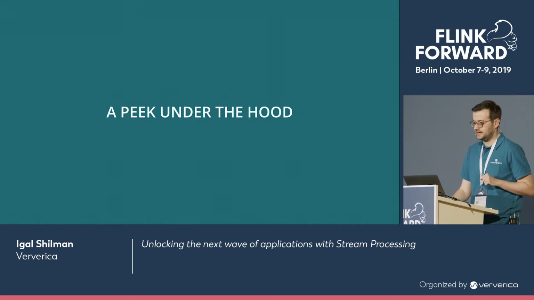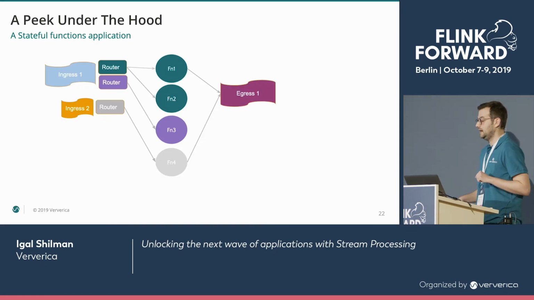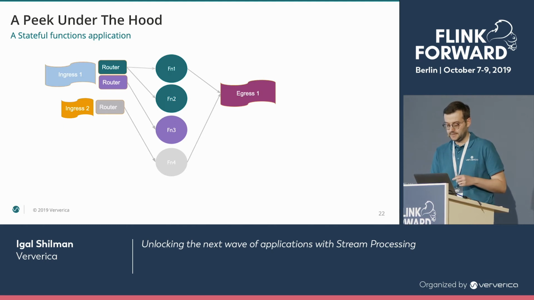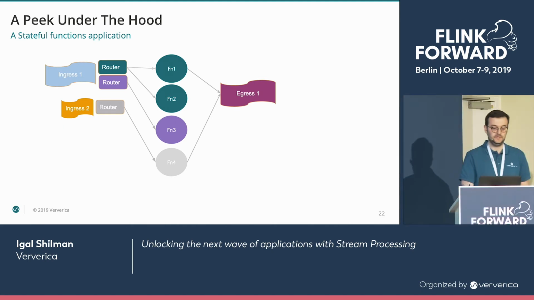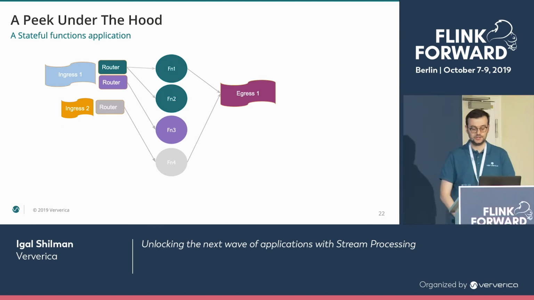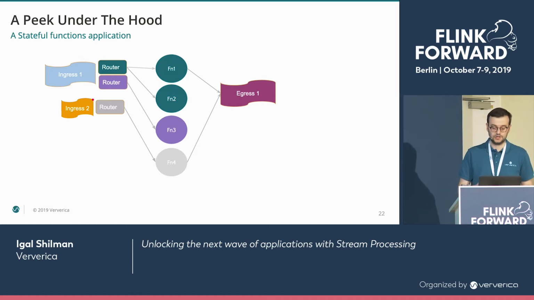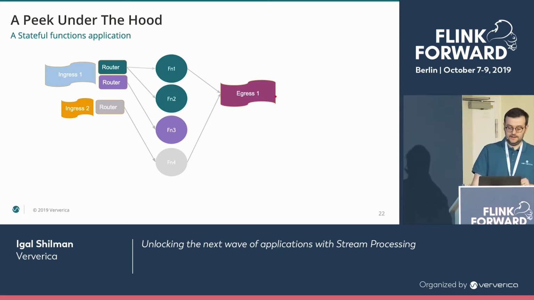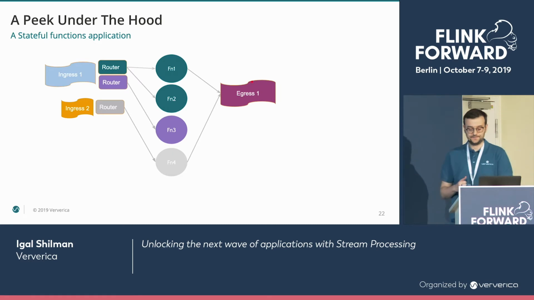Let's have a peek under the hood and try to understand how it maps to a Flink job. This is a logical stateful function application where you have ingresses, routers, and functions. You can see there are some routers attached to an ingress and some functions.